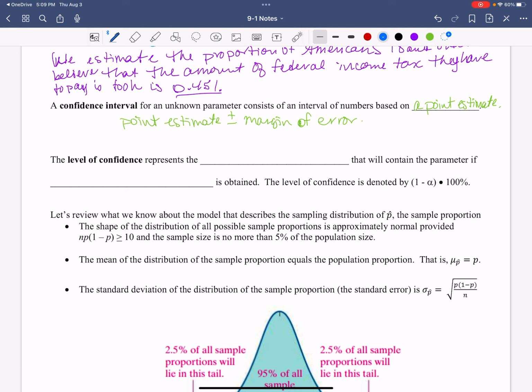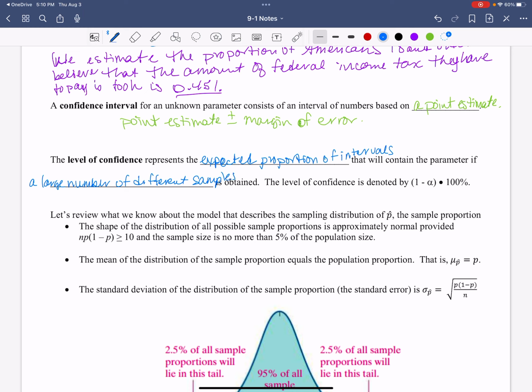Okay, a level of confidence represents the expected proportion of intervals that will contain the parameter if a large number of different samples is obtained.